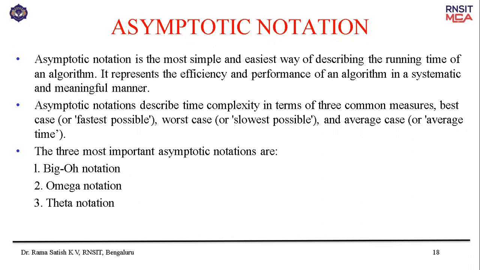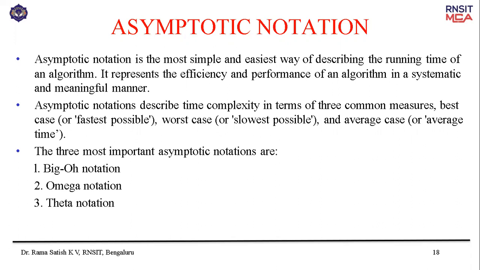So in the examination, they ask this question: what is asymptotic notation? Asymptotic notations are special notations that are used to measure the performance and efficiency of an algorithm in a systematic and meaningful manner. So that is what you have to tell.